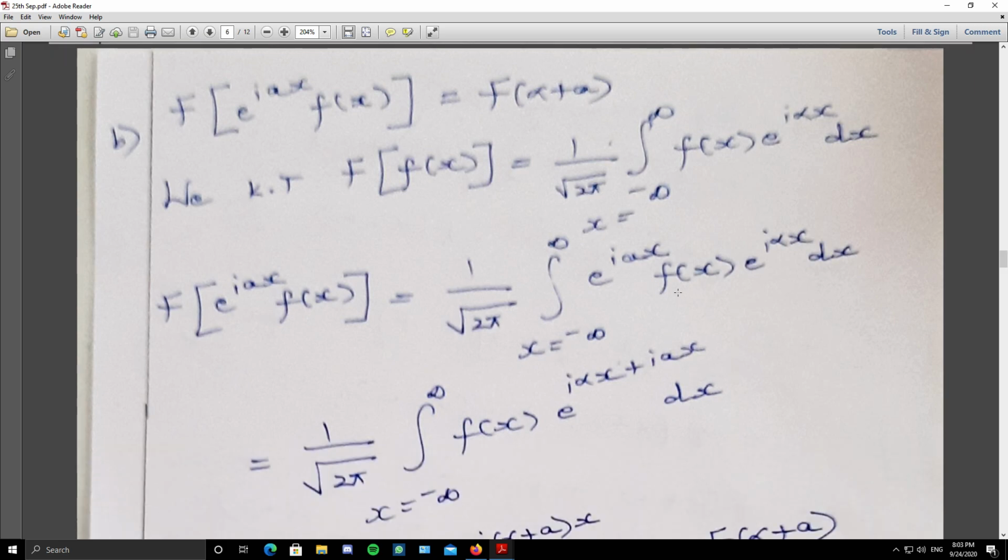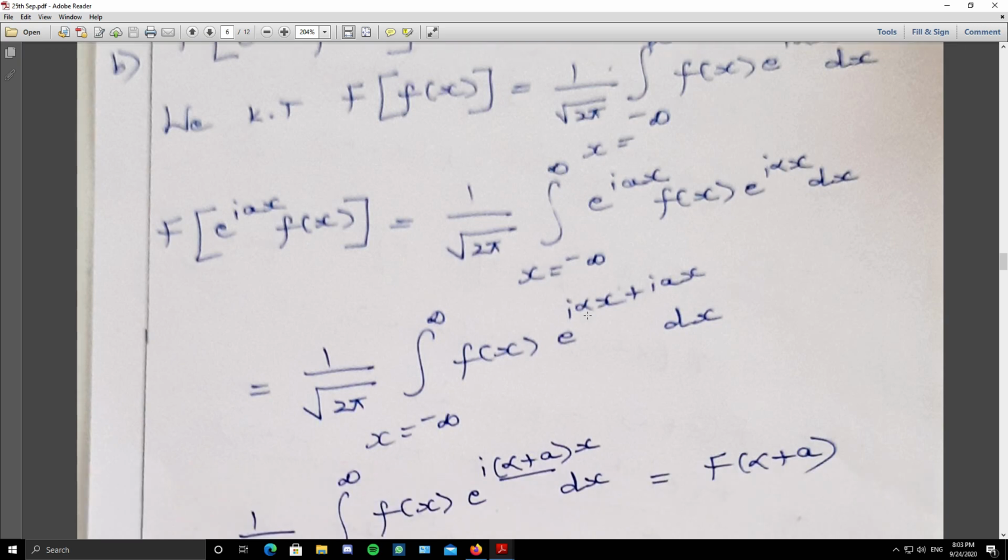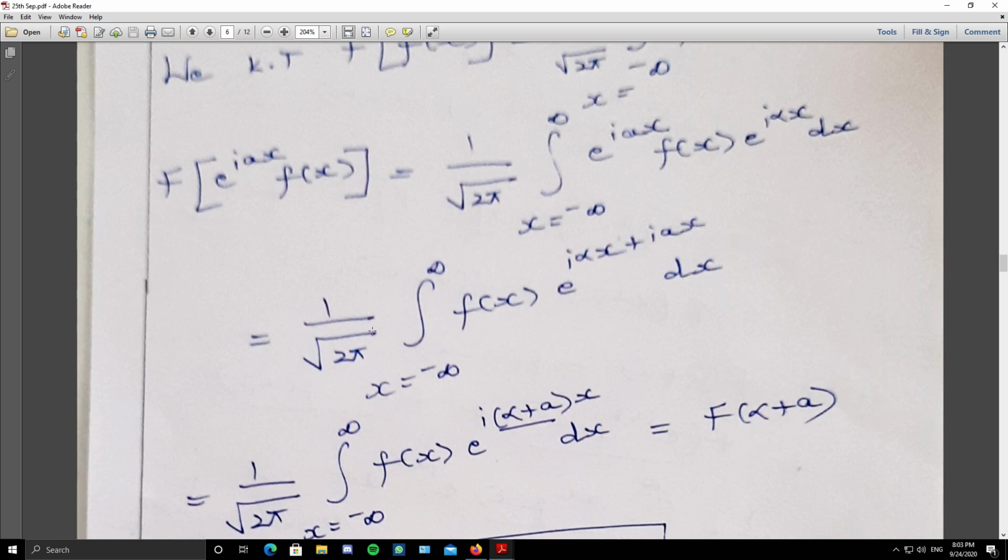So the exponential terms are grouped. The exponential term e power i alpha x into e power iax is the same as e power i alpha x plus iax. You have to add the powers. Then 1 by root of 2 pi integral minus infinity to infinity f of x e power i times alpha plus a into x dx. So e power ix is common, alpha plus a in x dx.